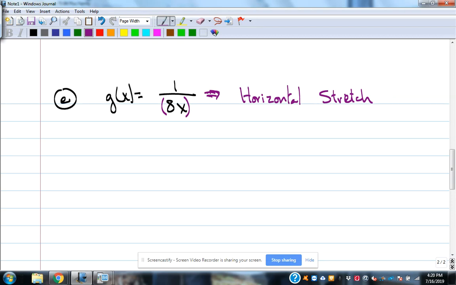But what's tricky about it is that you could actually think about this problem as being that, which is also a vertical compression. And like I said, they don't get too tricky with this. And this is not the meat of this particular section. We'll get to that in a second. But it's just reviewing those transformation ideas.